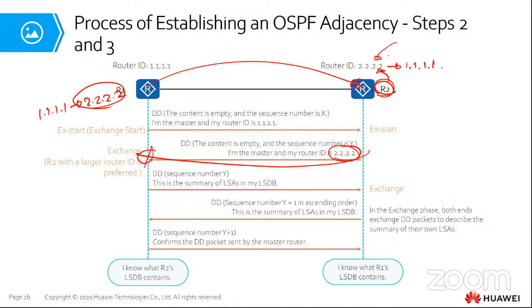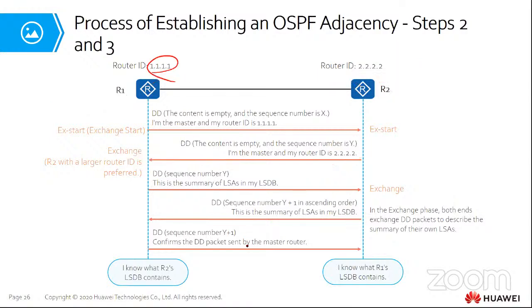At that point, router 1 will admit and say, okay, I agree. We shall be speaking beginning from Y. Is that clear? Y was a number set by router 2. And because router 2 has a larger router ID, router 1 will adjust to that sequence number.